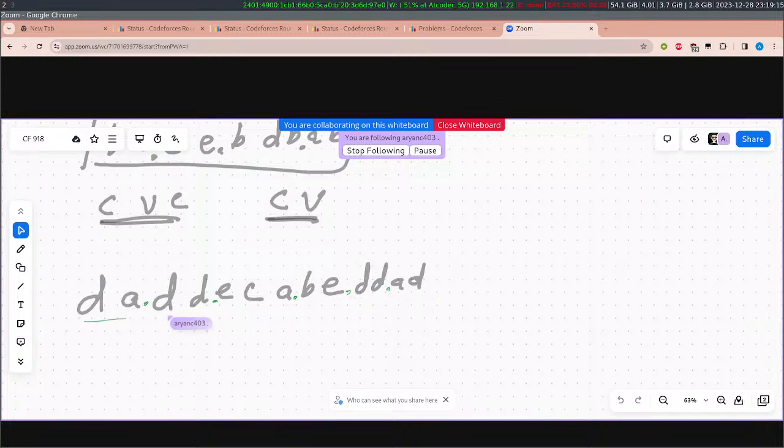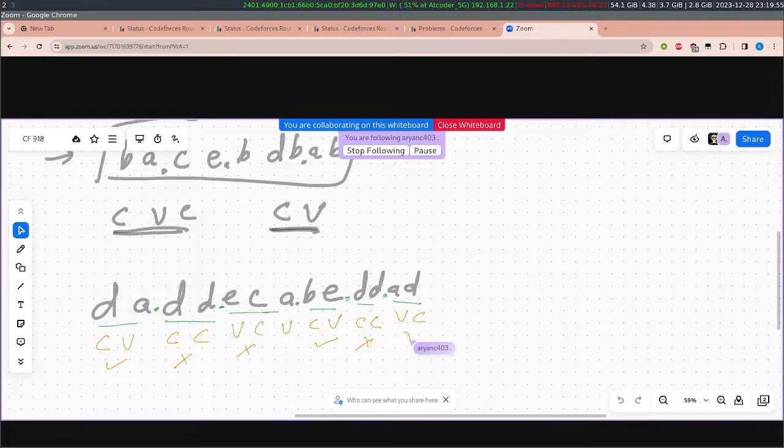And if we try to check if this is valid, the first is a consonant, then a vowel. Fine. Second is a consonant, third is a consonant. So this way of splitting into dots is invalid. We can also check the other one. It's vowel consonant, this is invalid as well. Vowel consonant vowel, this is invalid. And BE is consonant vowel, this is valid. DD is consonant consonant, it's invalid. And then vowel consonant, this is also invalid.